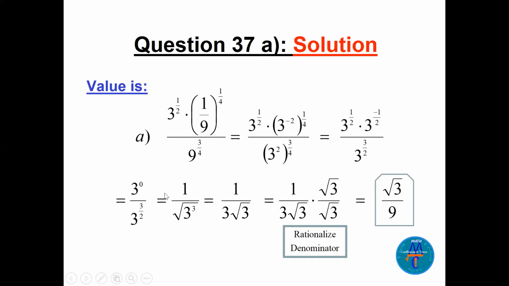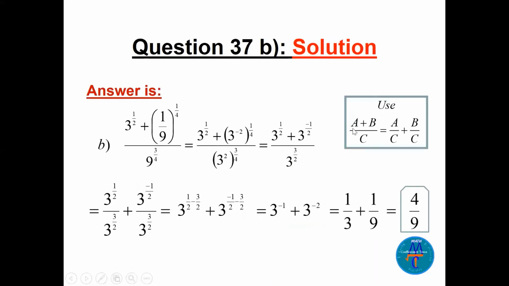We add the powers there, 3 to the power 0, that's 1, over this, which is 3 to the power 3 over 2. So this is the square root of 3 cubed, which is 27. So 1 over 3 square root of 3, rationalize it in the denominator, and the answer is square root of 3 over 9.